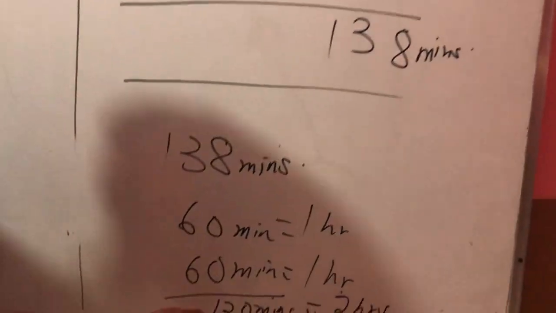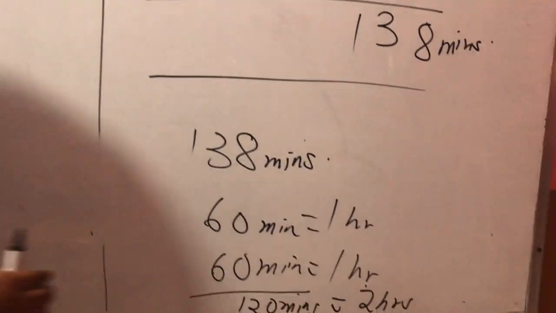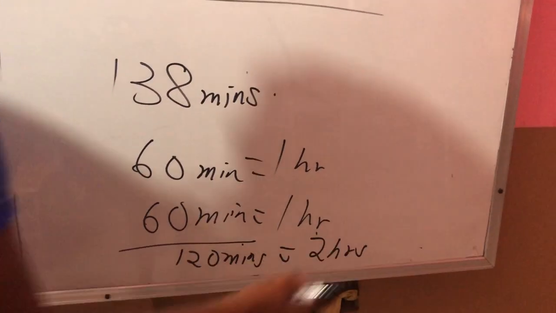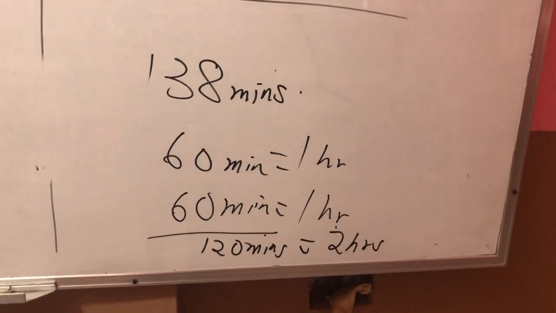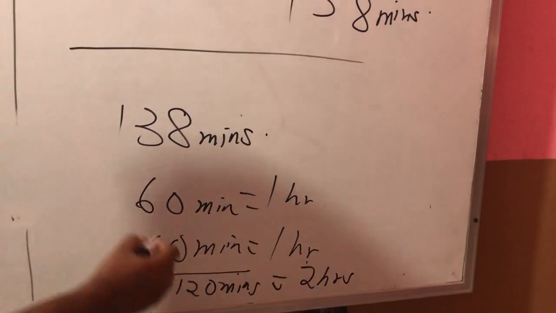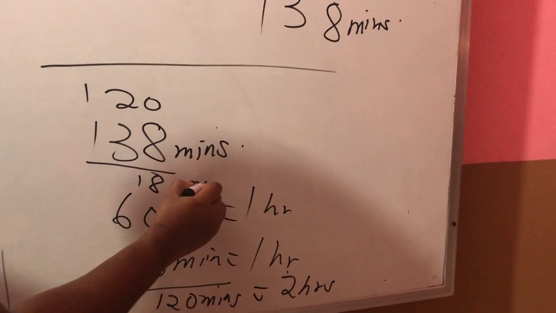So I can get 120 minutes from this 138 minutes, and 120 minutes is the same as the 2 hours. Now when I deduct 120 from this, I have 18 minutes left.